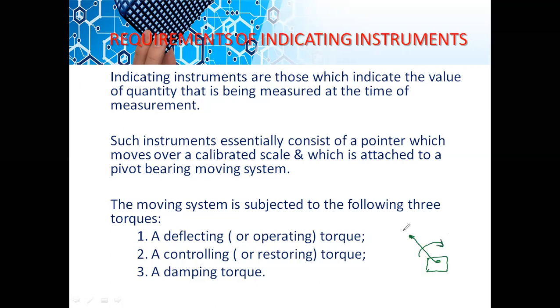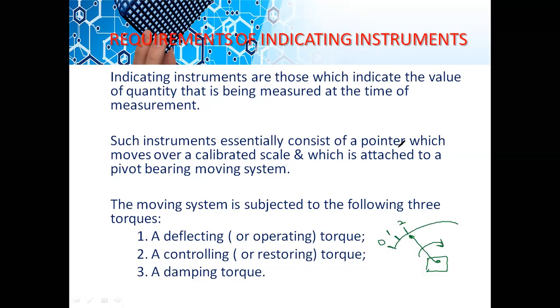The pointer should be pointing to some value, and those values are mentioned on a calibrated scale. So this is the calibrated scale that we are going to see. So it is being mentioned here.